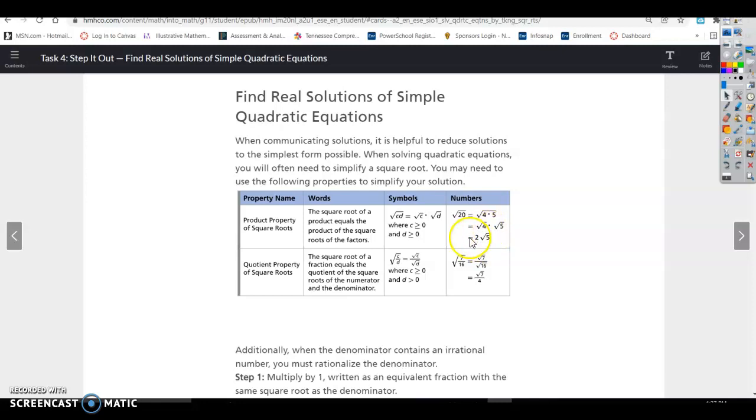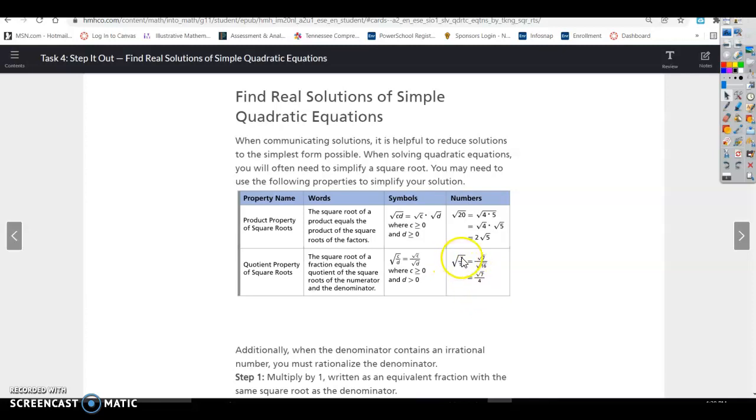All right, the quotient property of a square root. The square root of a fraction equals the quotient of the square root of the numerator and of the denominator. So if you have a square root of C over D, that equals the square root of C divided by the square root of D. This is important as most times we have to rationalize the denominator, which is the bottom part.